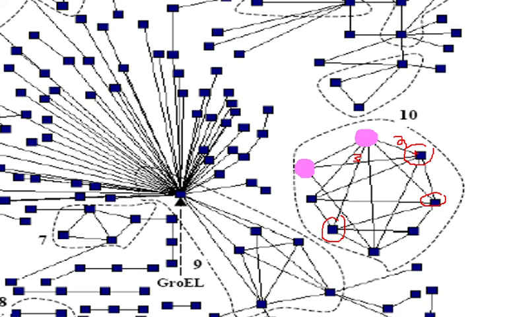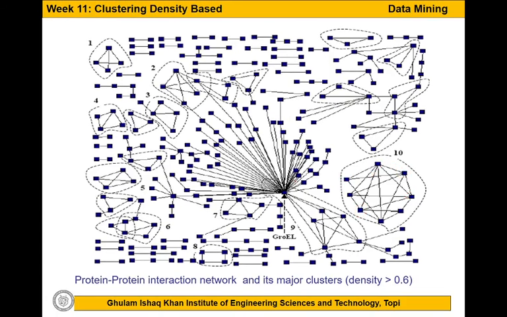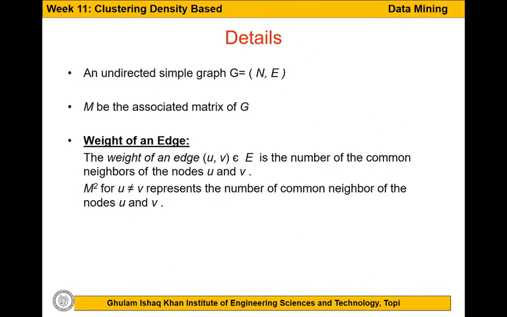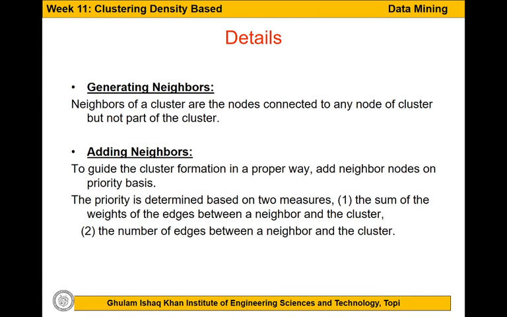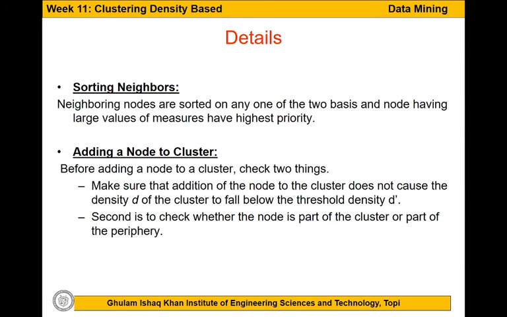Whosoever has the highest sum of the weights of edges between the node and the cluster will be added to the cluster, right? Among these two criteria, you need to choose only one, but criterion number 1 seems to be more logical, but it's up to you. You can use the second one as well.